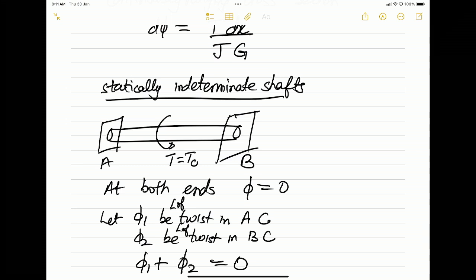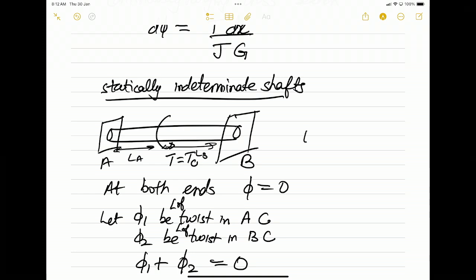Now I was talking of this case, and let's look at it in a bit more detail. There is a shaft bound between two fixed ends, and a torque is applied somewhere, maybe not at the center; it could be off center also. So this could be LA and this could be LB.